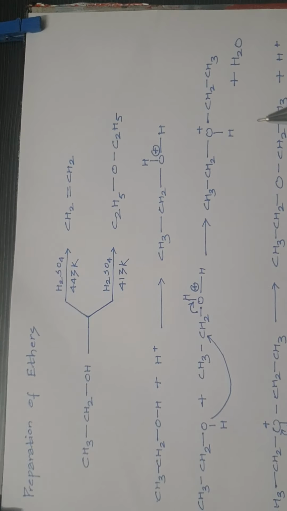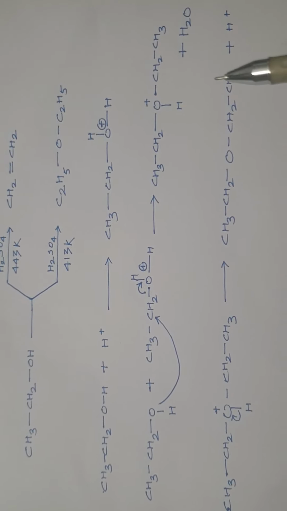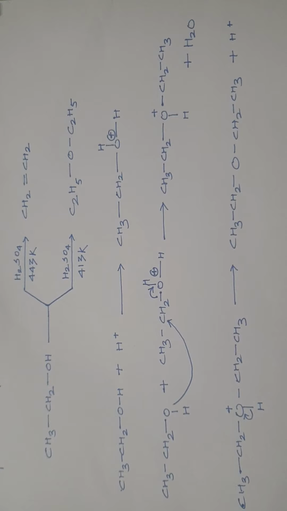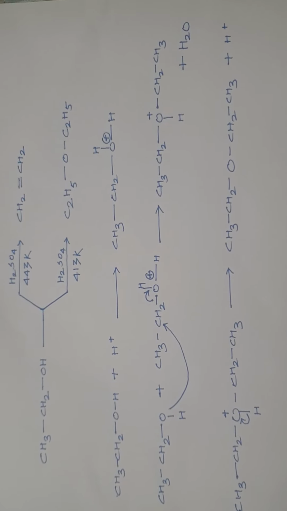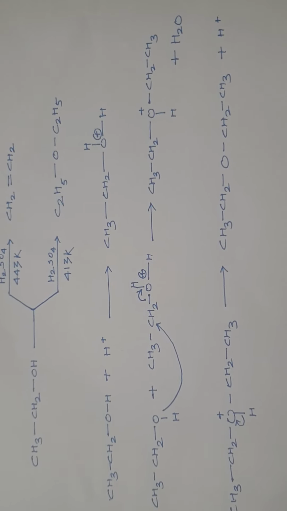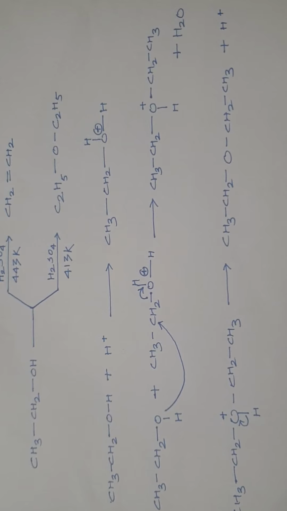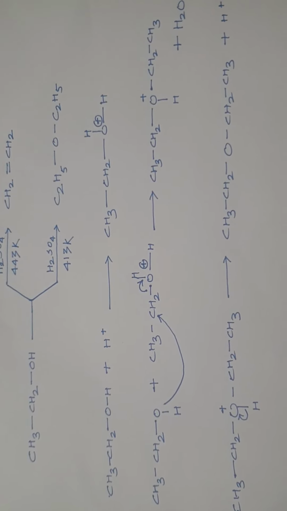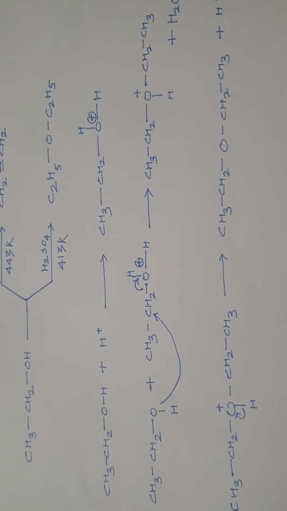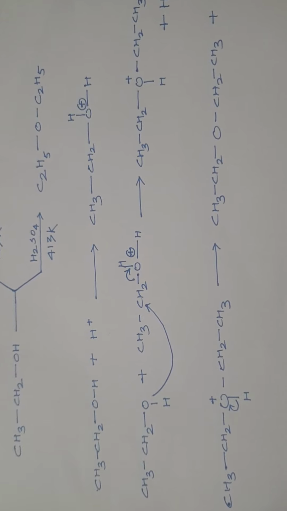So if you go to see, understand the mechanism over here, we find that in the first method of preparation of our ethers, we follow the method of nucleophilic substitution reaction undergone by two molecules of alcohol at 413 Kelvin in presence of a protic acid like sulfuric acid over here, and the mechanism which is involved is first protonation, second attack of an alcohol on a protonated alcohol, and third one is deprotonation of the protonated ether.